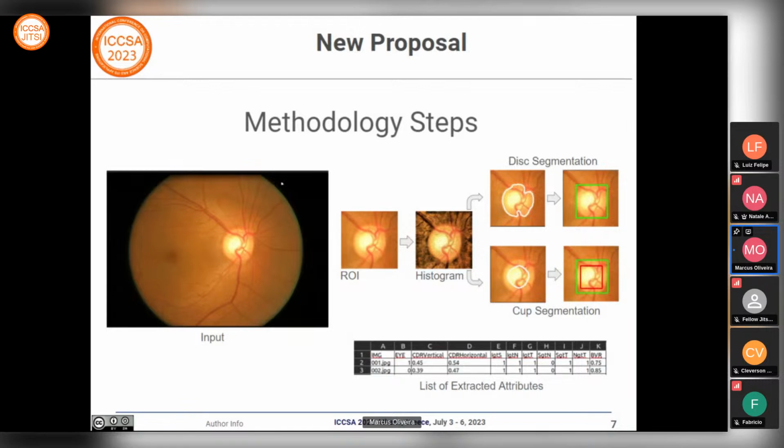In the last image, we can see two rectangles, green and red, delimiting the optic disk and the cup of the disk. Besides, it shows the list of tabular attributes generated by the methods. That is, image file name, the eye direction, the vertical and horizontal CDR, the ISNT pattern, and the BVR.